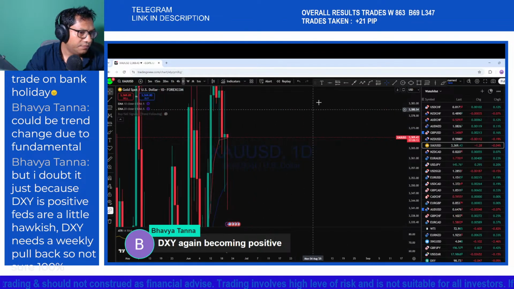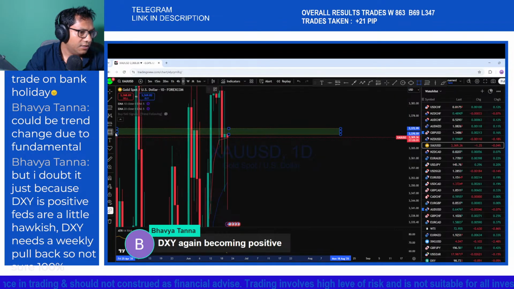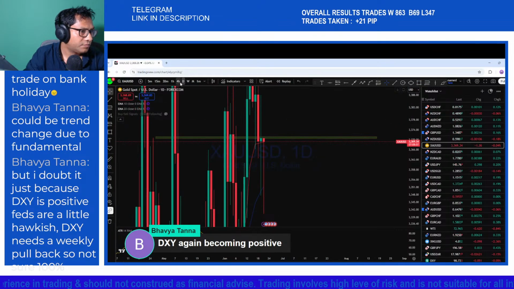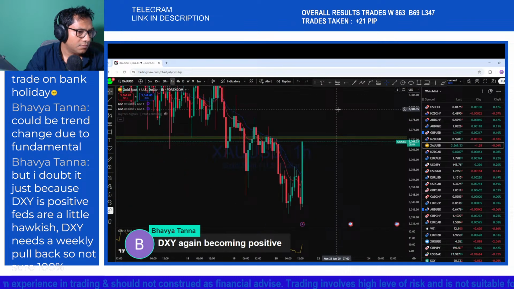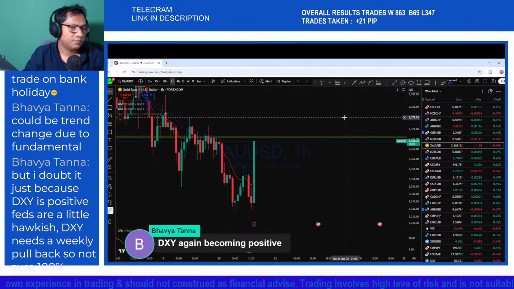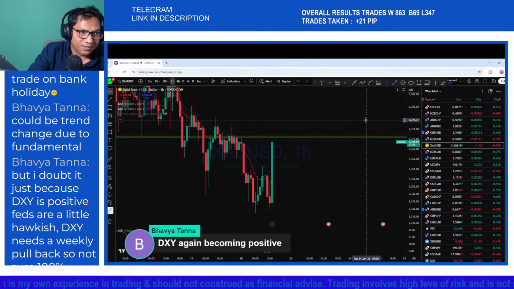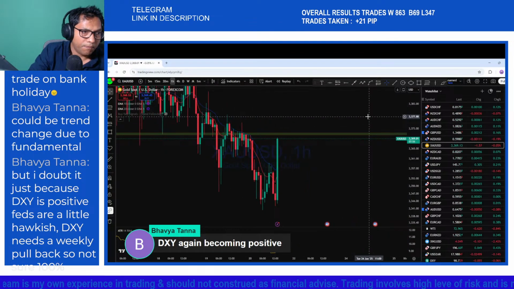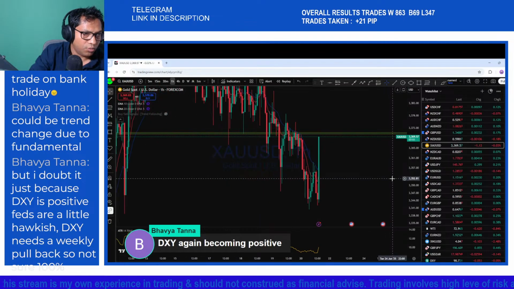It's one single move back to the upside with stronger momentum.